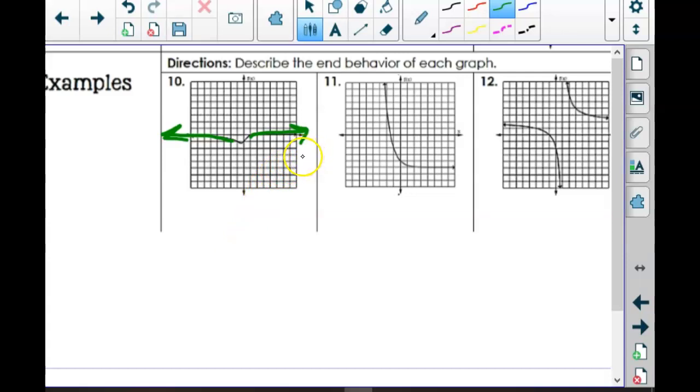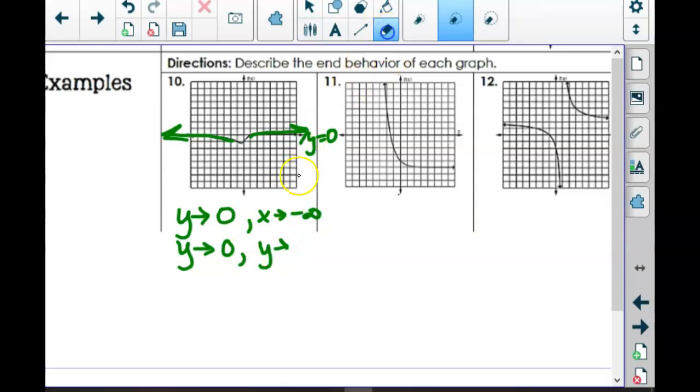The x-axis is named what, though? y equals 0, so y is approaching 0 both times. How do I write whether I'm going left? x approaches negative infinity, or right, which would be x approaches positive infinity.